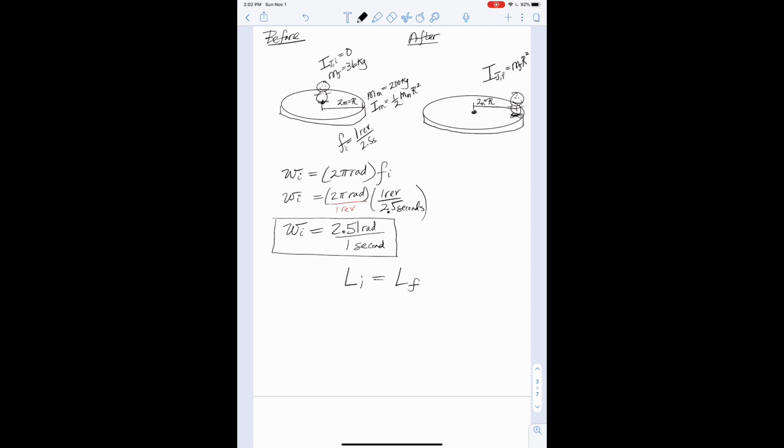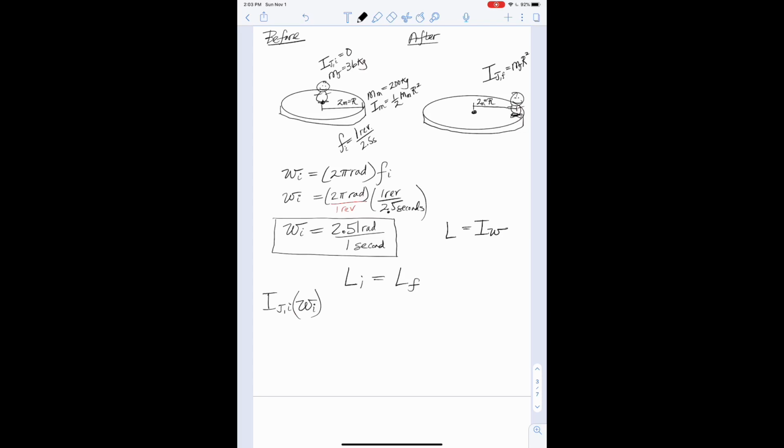And so what I'm saying there then, if we remember that L is equal to I times omega, we can go ahead and write this initial for Joey and initial for the merry-go-round. So I'm saying that we will have I Joey initial times omega I.